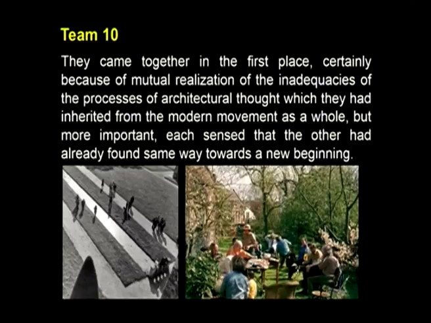And even though they thought that they had certain solutions to this problem, they also realized that everybody else in the same group also had some ways towards a new beginning, or towards solving the existing problems which modernism had created. So, this was why they came together in the first place.